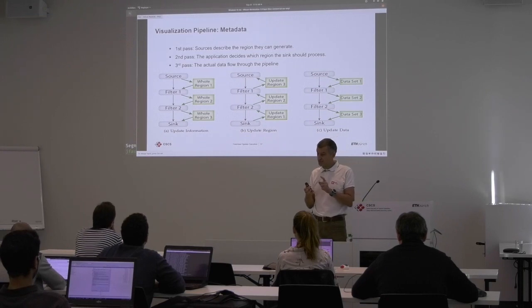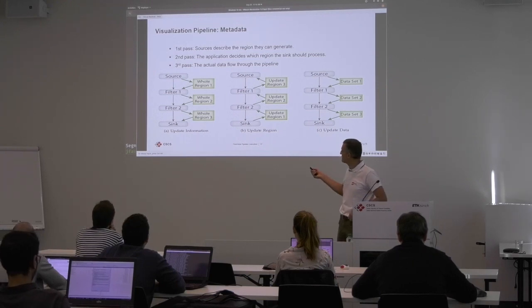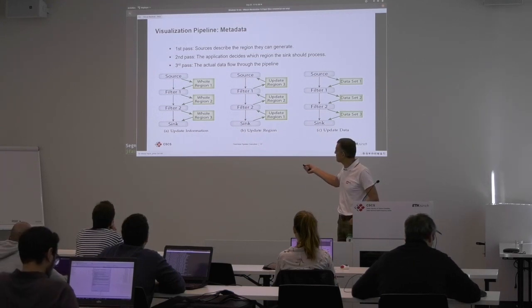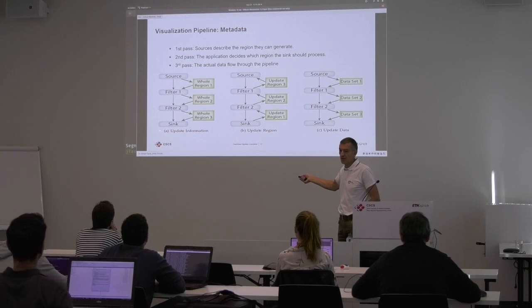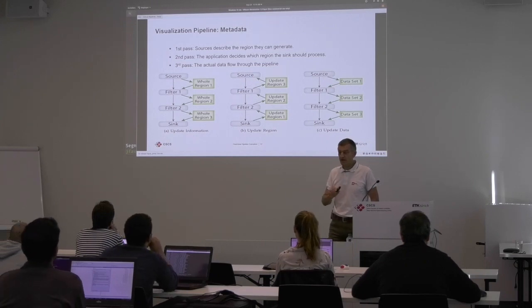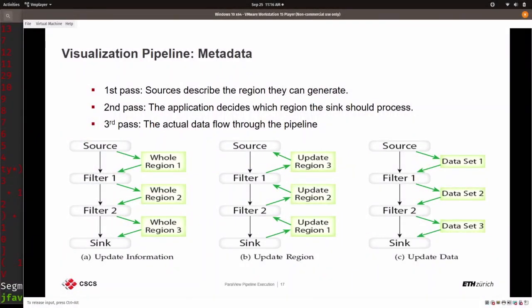It doesn't mean it reads it. It just says, this is what I have stored in my data file. So that description in the first pass goes down all the way to all the modules in the pipeline. There's no execution yet of reading the data.